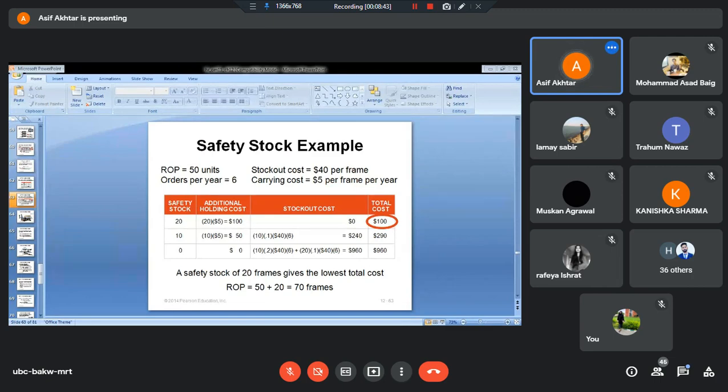Keep it as it is. If we have the ROP of 50 units, which is small d into capital L, and we have estimated the safety stock as 20 units.